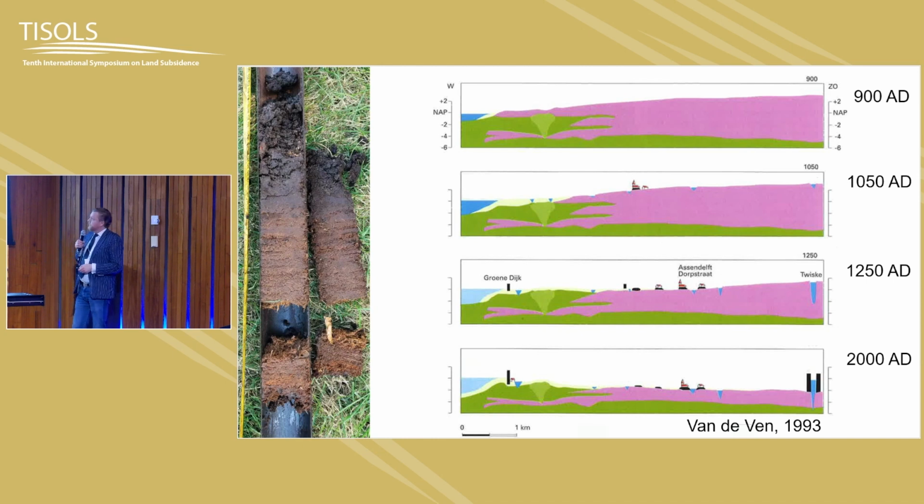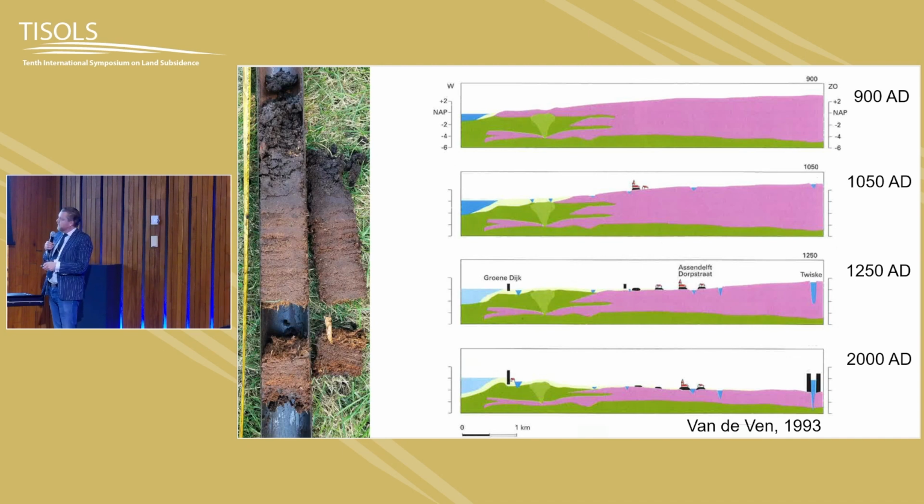And what's very important is that one of the processes that cause this is decomposition of peat. You can see this in the photo here. This black part of the peat core is where oxygen was able to go into the peat and allowed for decomposition. That's causing a part of the land subsidence.